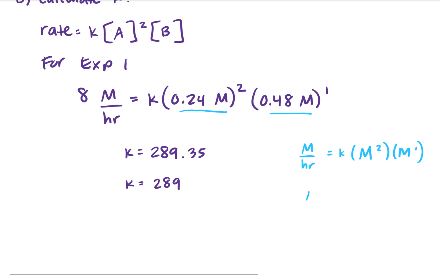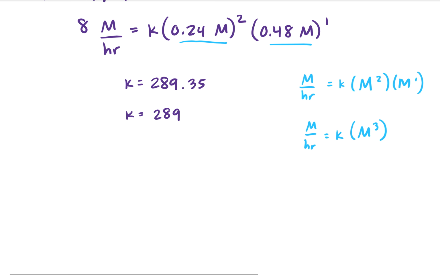So let's clean this up a bit. Molarity over hours is equal to k times molarity cubed. So divide both sides by molarity cubed, and you'll isolate k.